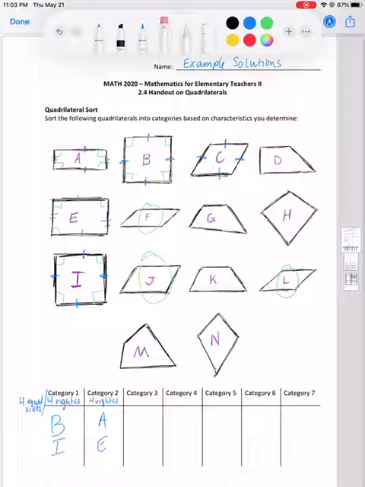And C and L look like that as well. They have the same length sides here. So C and L have same length sides, four equal sides. They're kind of tilted here. Four equal sides, tilted.